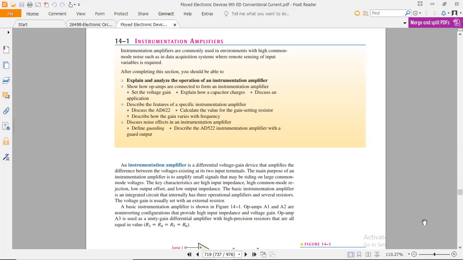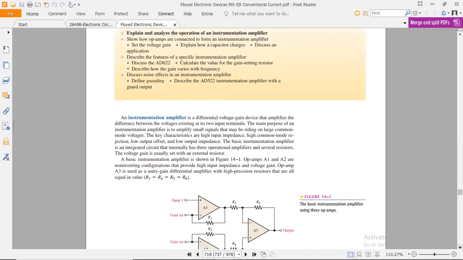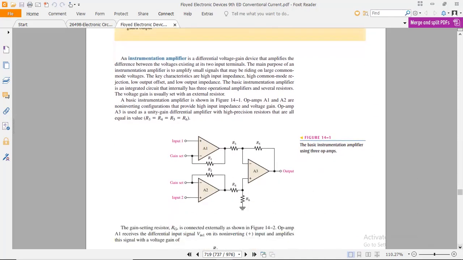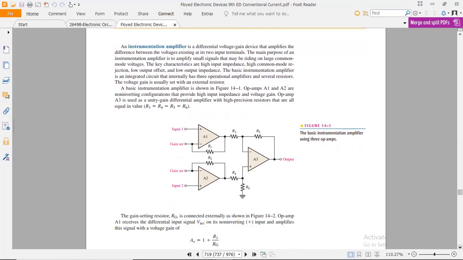Now, moving towards further details, an instrumentation amplifier is a differential voltage gain device that amplifies the difference between the voltages existing at its two input terminals.